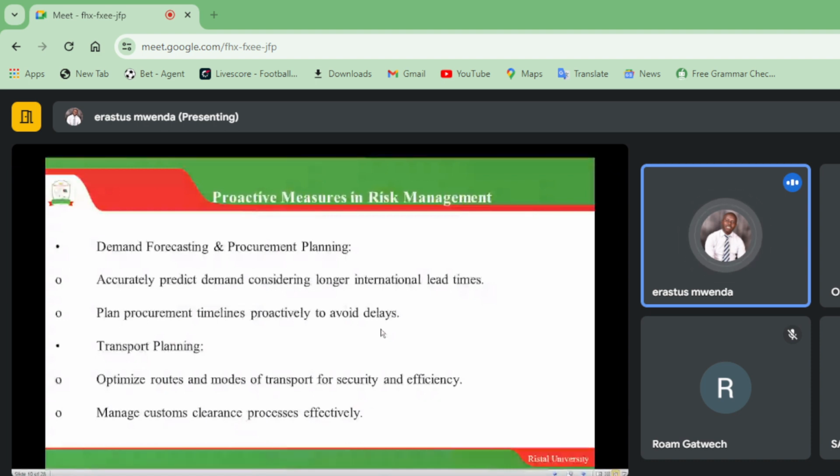in your country. And then another proactive measure in risk management is transportation planning. We need to maximize on the different routes and modes of transport that are available for security and efficiency. We have quite a number of transport modes.